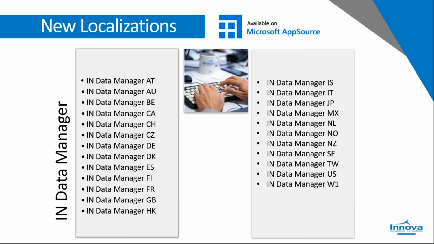Nonetheless, when we install one of these applications, the generic version should be installed automatically. For example, if I download and install inData Manager Spanish localization, when we install this localization, the generic application is also installed automatically. But if for any reason the localization won't work, we must bear in mind that that might be the reason, that we don't have the generic application installed.